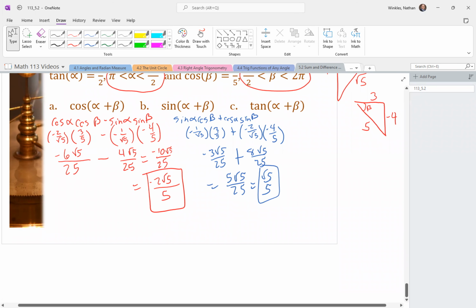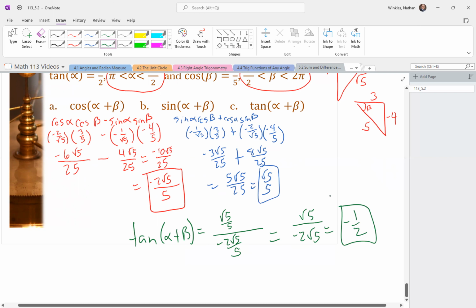We want tangent of alpha plus beta. We'll do this one two ways just to show it to you. So it's sine, so that's going to be √5 over 5 divided by -2 √5 over 5, which is going to be √5 over -2 √5, which is -1/2.